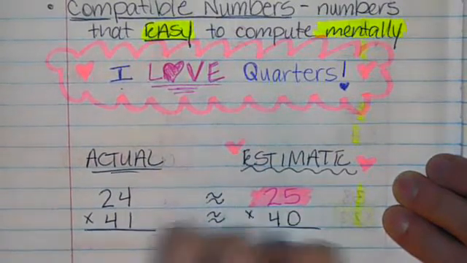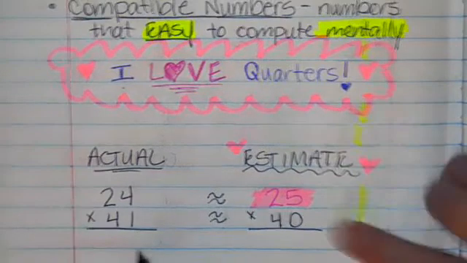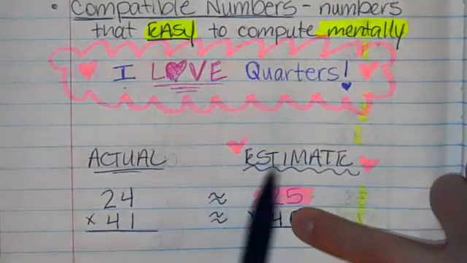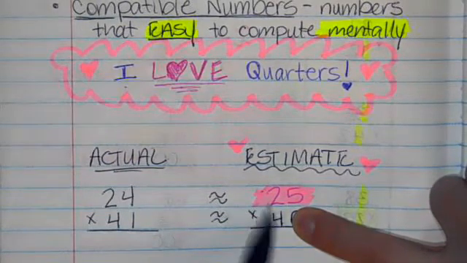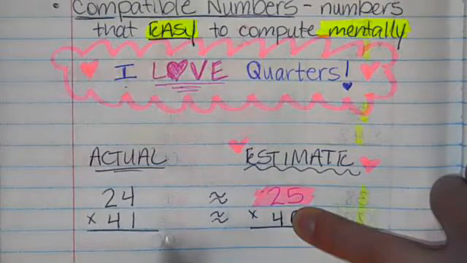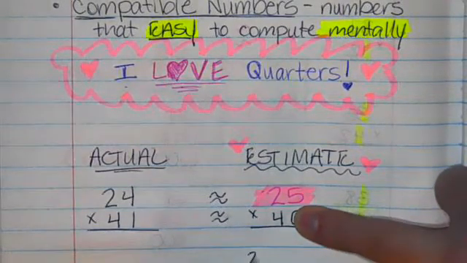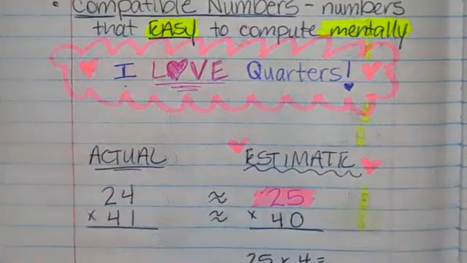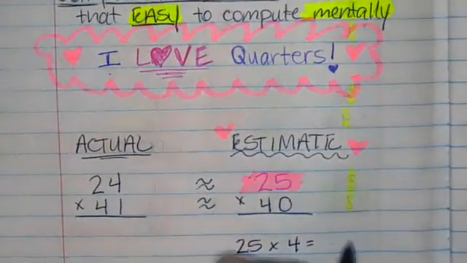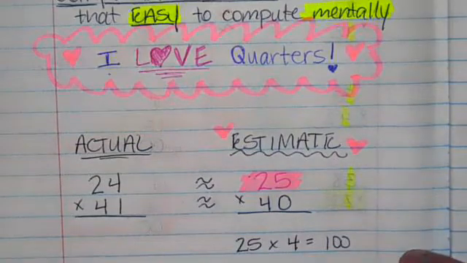So how I do this problem is I'm going to cover up the 0, and I see 25 times 4. That's like saying 4 quarters, 25 cents 4 times. So I go ahead and I build on that. 25 times 4 equals 100, right?